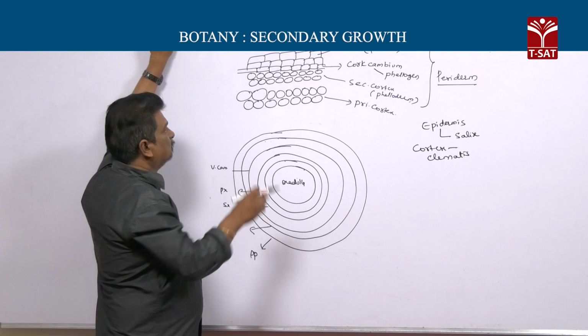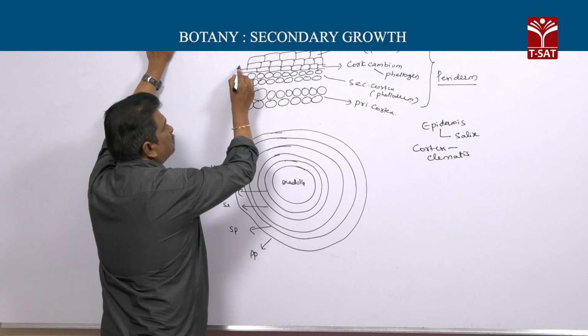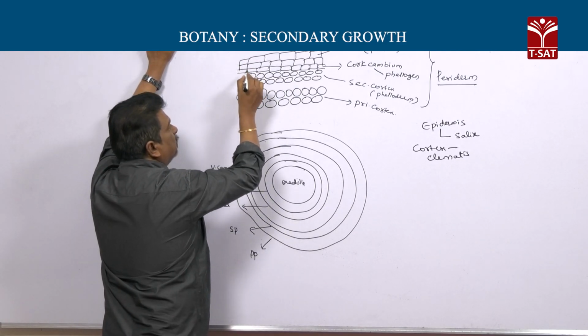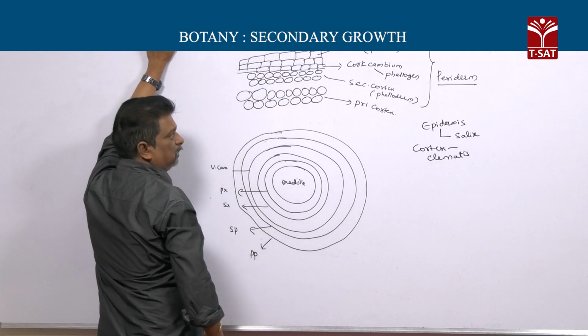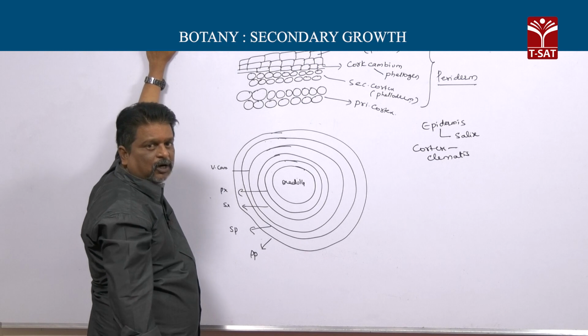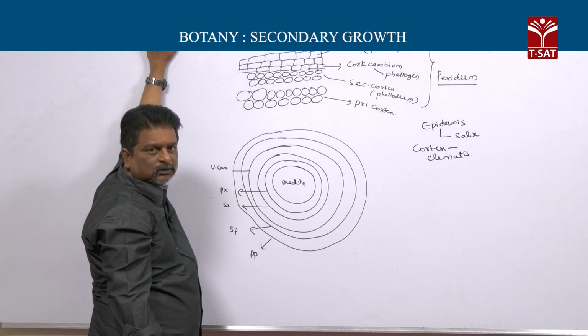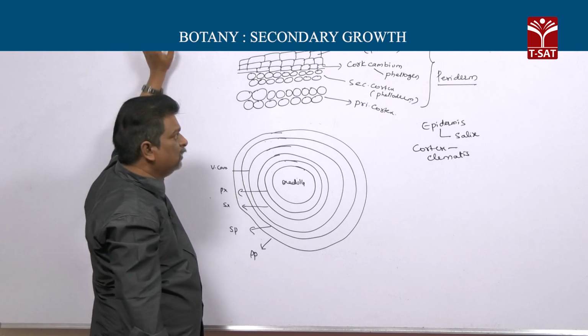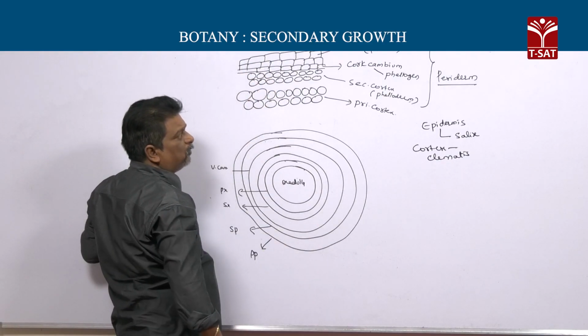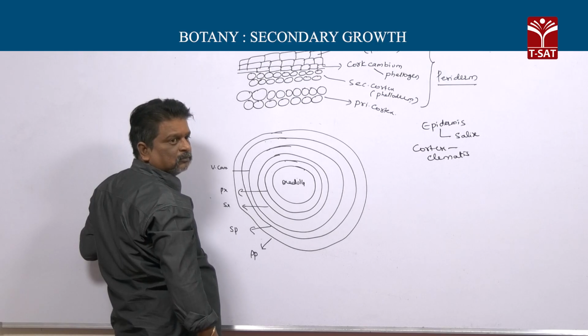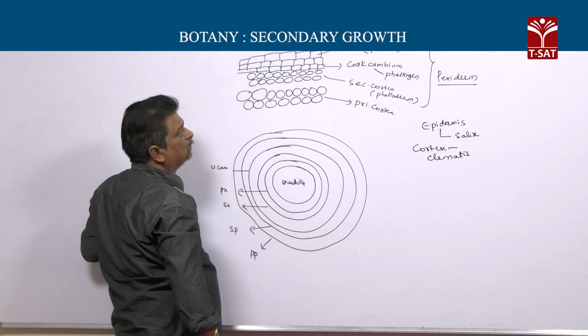Now first one, cork. Cork cells generally develop from the cork cambium on the outside. In the young stage, cork cells are living and cellulosic. But after maturity, due to deposition of suberin, the cells become dead.